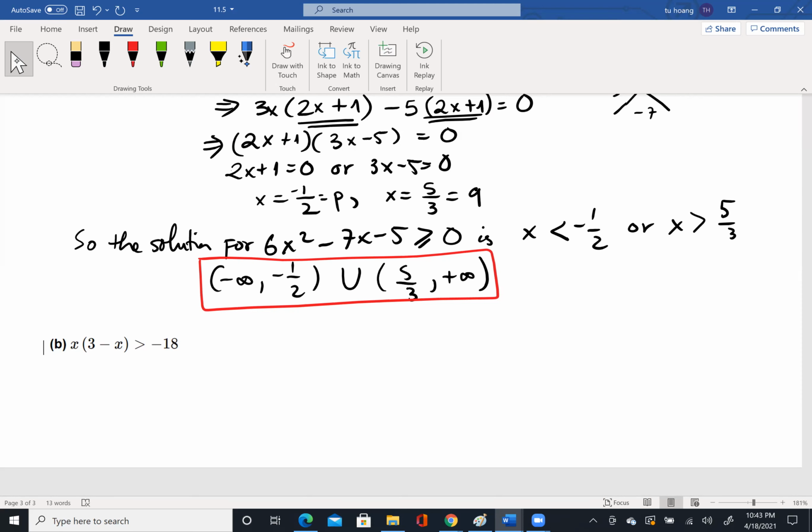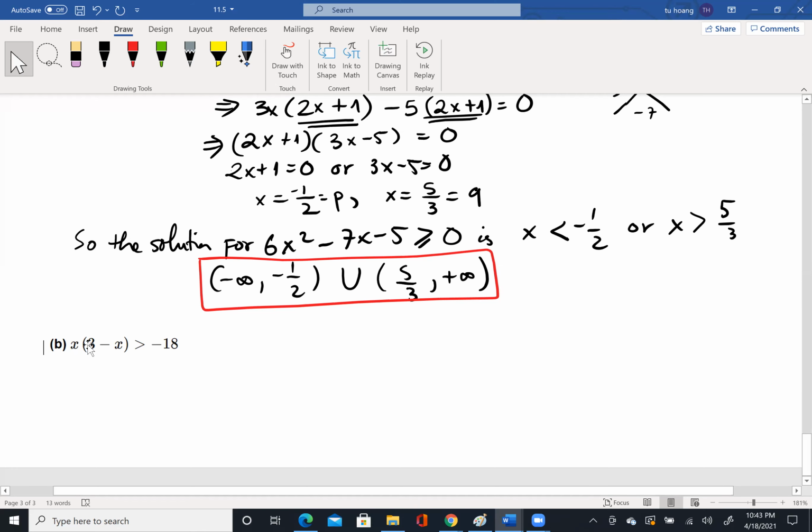So the last one over here needs to be changed to quadratic form. So I need to convert it and let's see what happens, right?